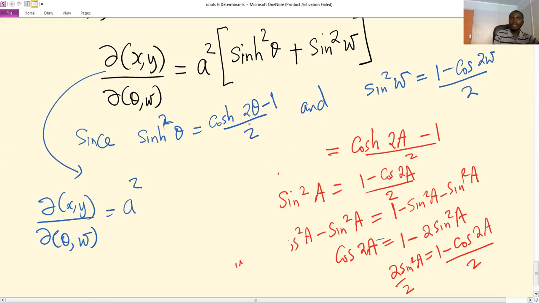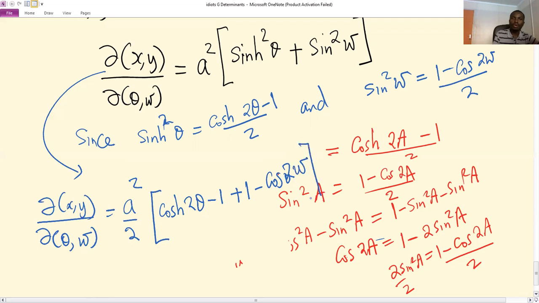But because each one has a 2, I can factor out that 2. And for this part, I write hyperbolic cosine of 2 theta minus 1. And this other part I have plus 1 minus cos of 2 omega.